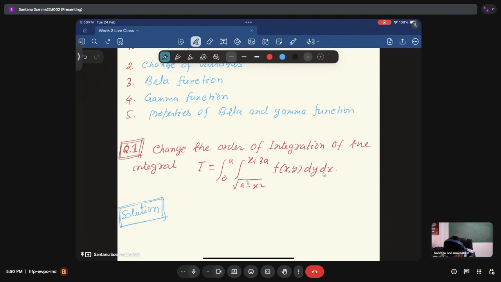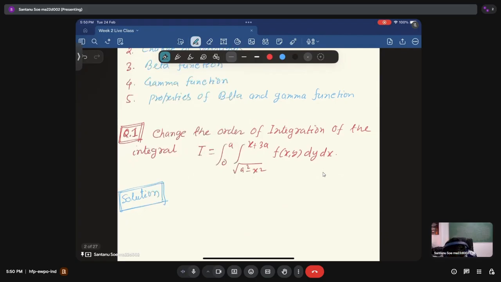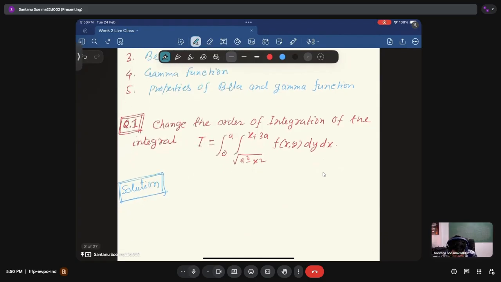Okay. So now before doing anything, first we have to draw the region in where we are doing the integration, like the x-axis and the y-axis, and then only we can change the order of the integration.